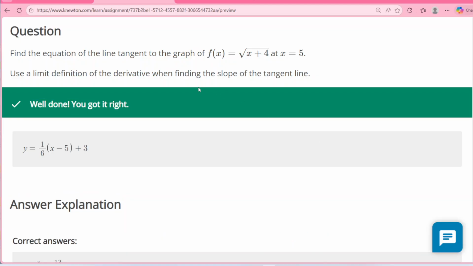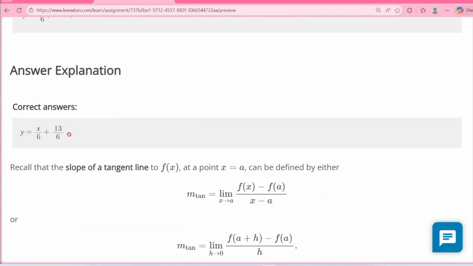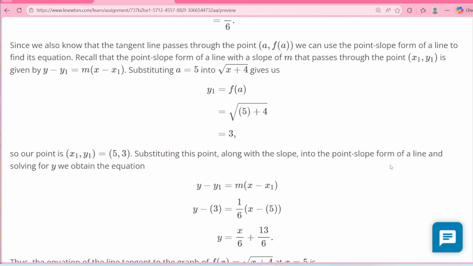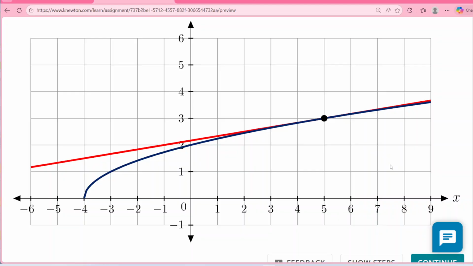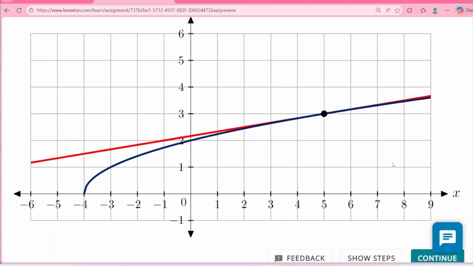They didn't mention anything about slope-intercept form, so as long as you're putting an expression in there that's equivalent to slope-intercept form, you should be good. So yeah, see the plus 13/6, 1/6 x plus 13/6 there. They actually went all the way to slope-intercept form. And all that. And there's a picture again. Cool.